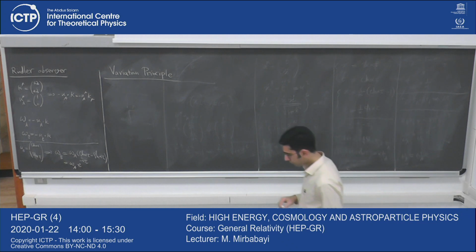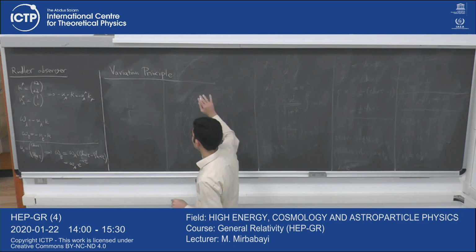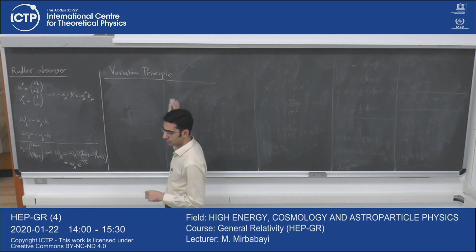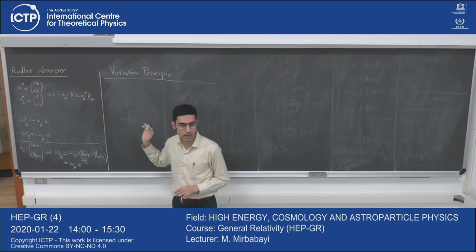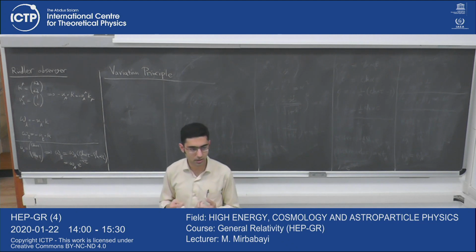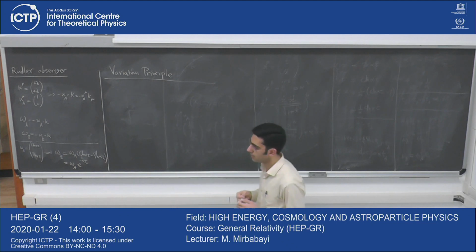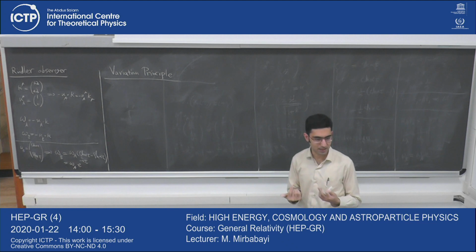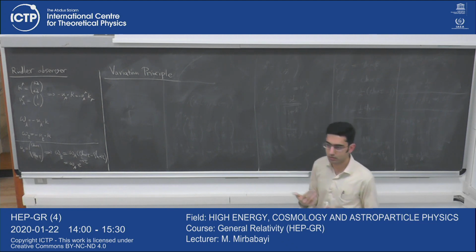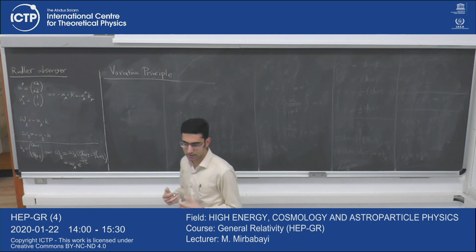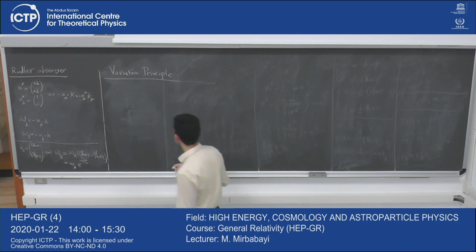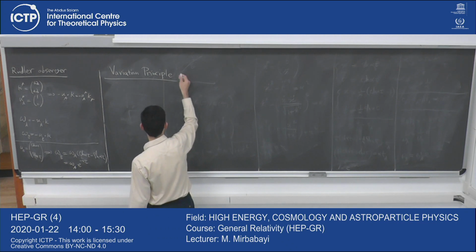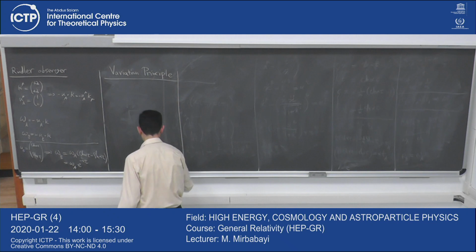So now what we want to do is to consider some simple examples of how we write the action and do the variation principle, and then some small checks that they reproduce what we knew from classical physics. So here there will be a set of examples.